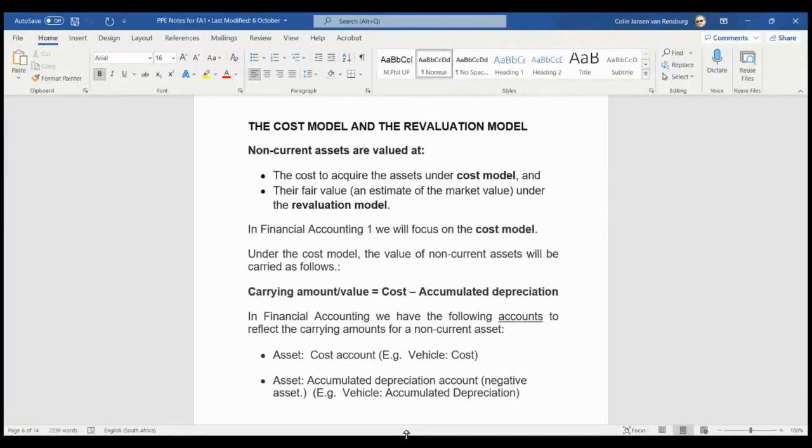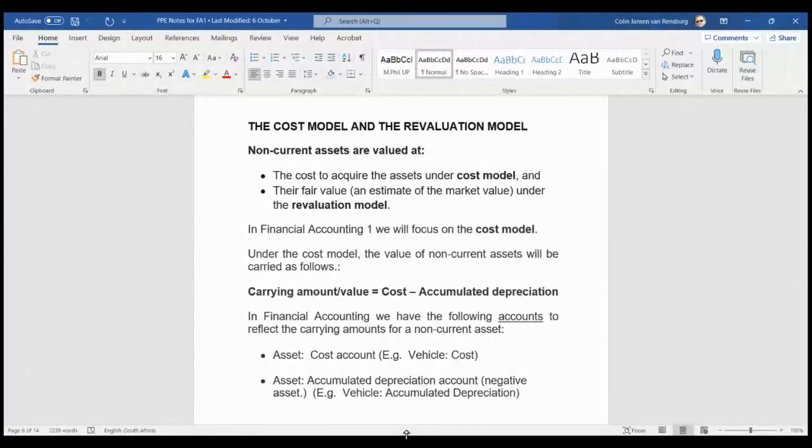So, ladies and gentlemen, we all now know that initially when we acquire an item of property, plant and equipment, we are going to record or recognize it at its cost. And how we determine the cost, even though we've mentioned that last week, we're going to talk about that again.